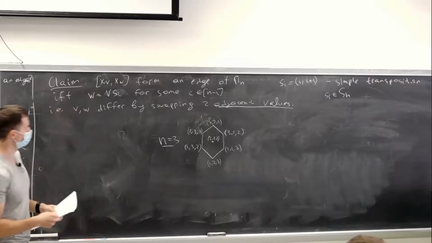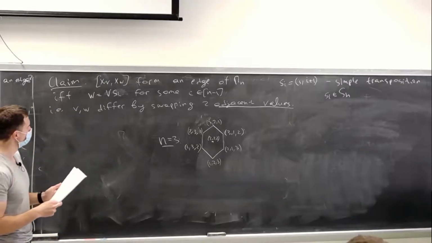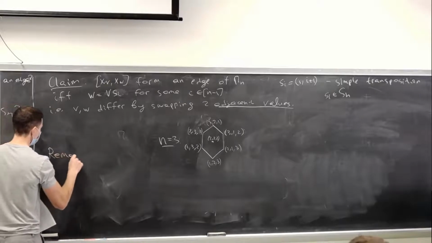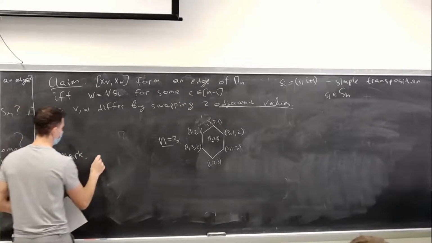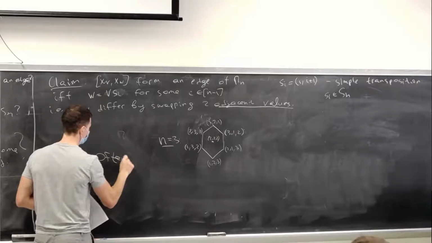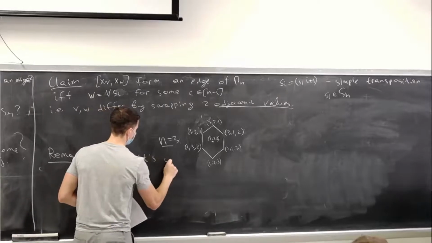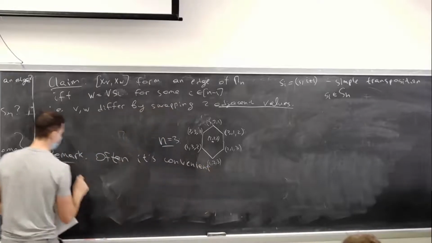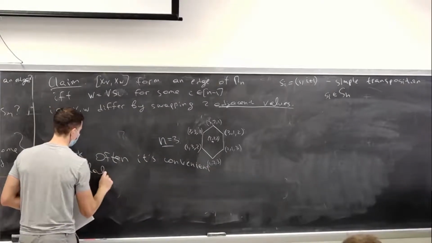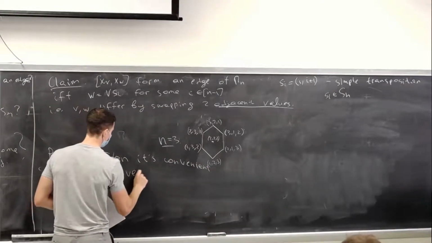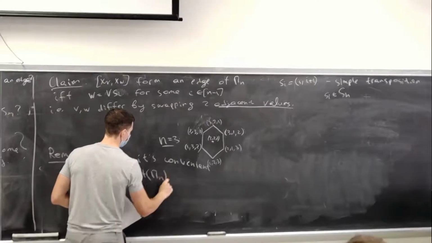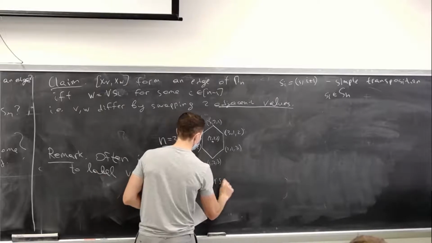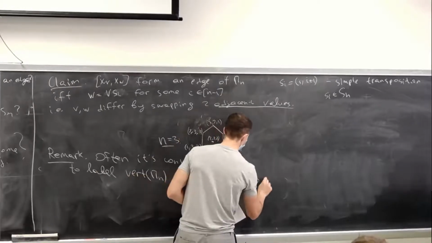And as I'm going to explain later, a remark: a lot of times it's convenient to label vertices of the Permutohedron by inverses of permutations.